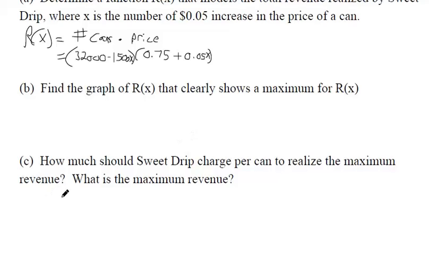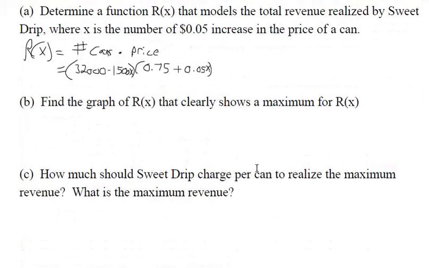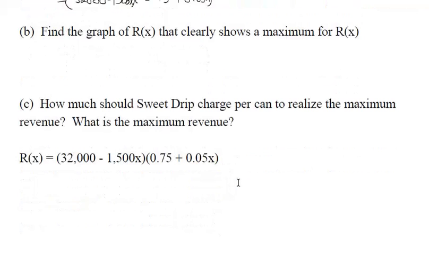Okay, so take that revenue function that we just found, which was 32,000 subtracted by 1,500x, times 0.75 plus 0.05x, and then you want to maximize it. So this is a quadratic, okay? And if you distribute it, that can help you get a better idea of what the shape is going to be.